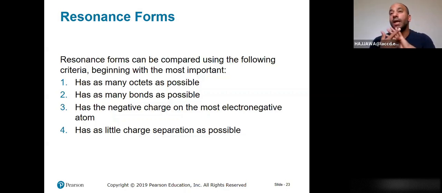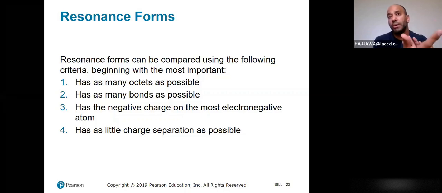Second, the less separation of charges, the better. If I have 2 structures, one has a +1 and -2, I prefer the other if it has only a -1 formal charge. So that's what we mean by the less separation, the better.